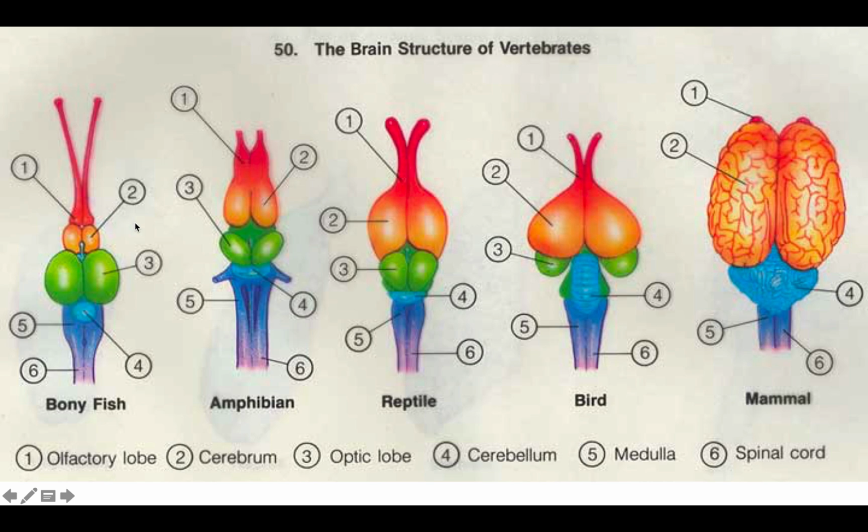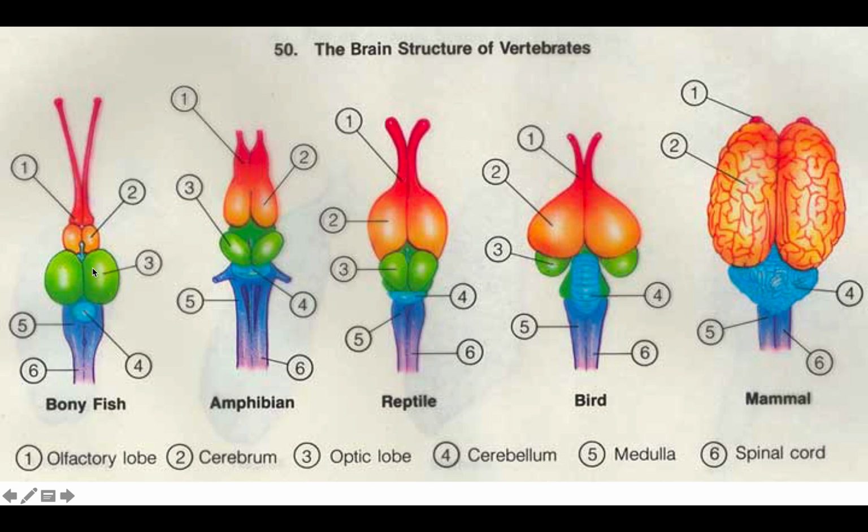Okay, so 2 is your cerebrum, going over those functions that we already talked about. 3 here is your optic lobe. Optic is vision. So looking at this, you're going to have a larger section, and really most of the brain is just talking about vision.